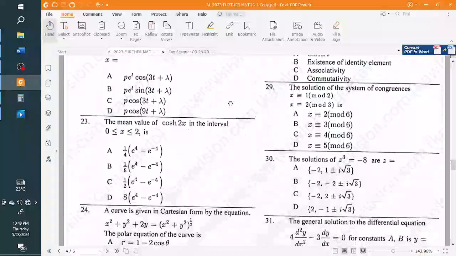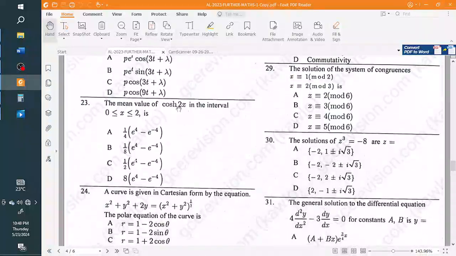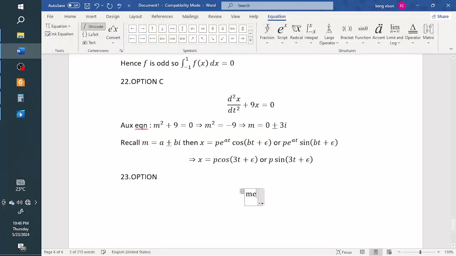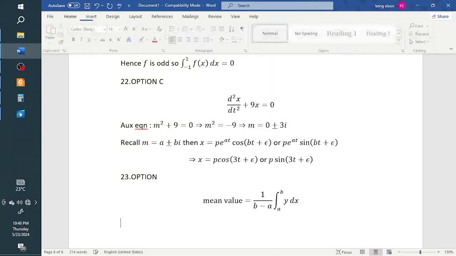Let's see. The mean value of cos 2x in the interval 0 to 2. So if I want to find the mean value in an interval a to b, I'll have 1 over b minus a, integral from a to b of the function f(x). That's the definition of mean value.